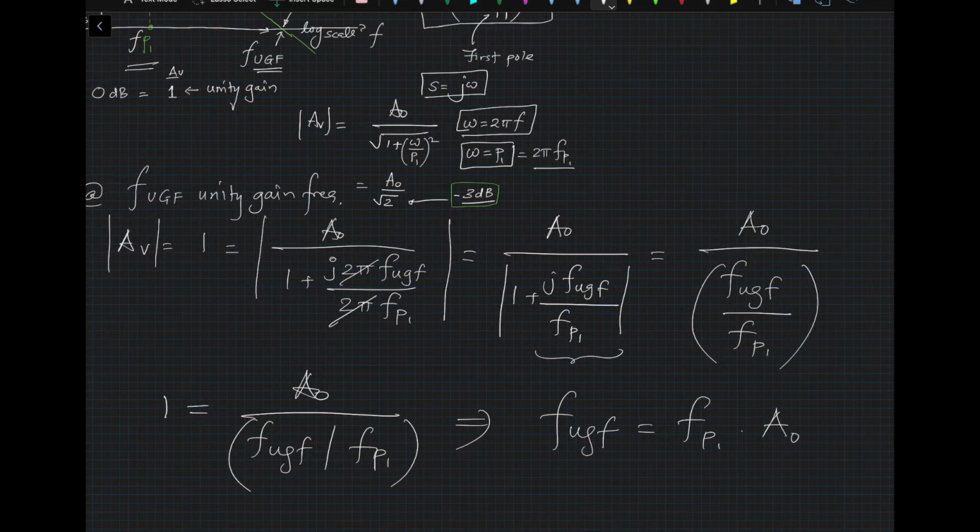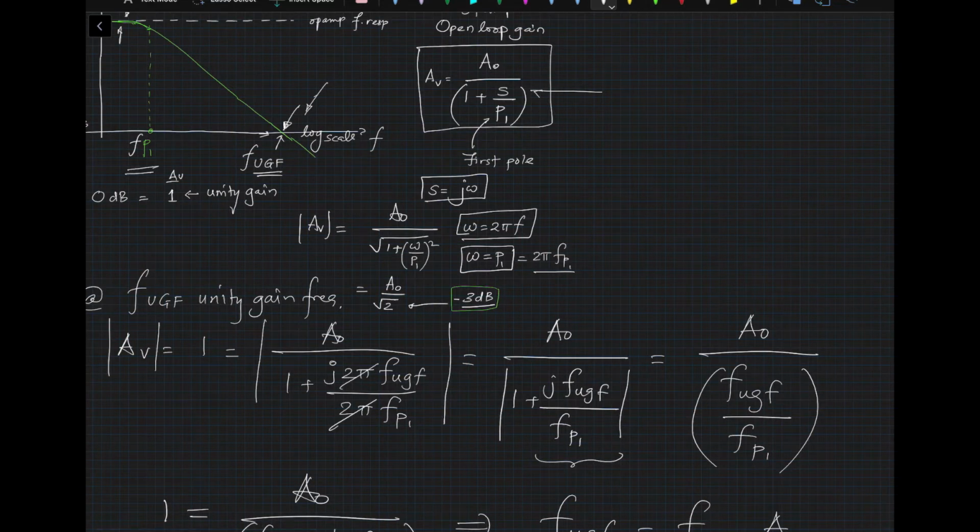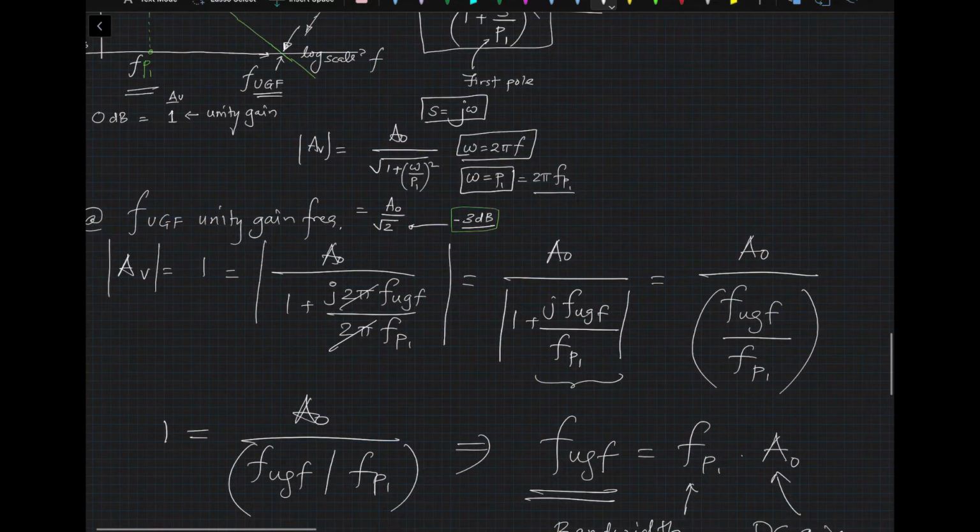What does this tell us? This FP1 represents the bandwidth of the amplifier. Bandwidth is the frequency where the gain drops by 3 dB. A0 represents the DC gain of the amplifier. And FUGF is the frequency at which the gain is equal to 1.